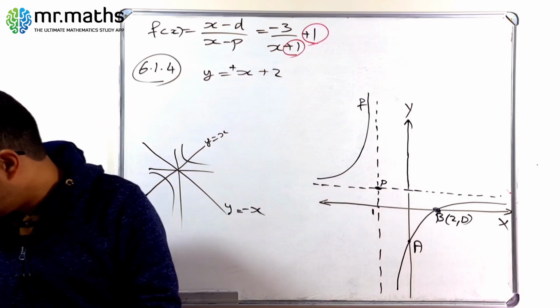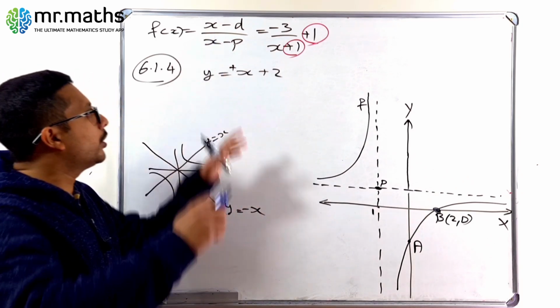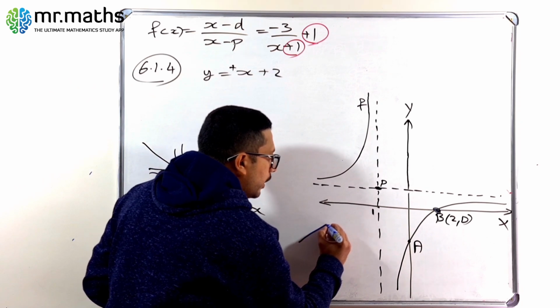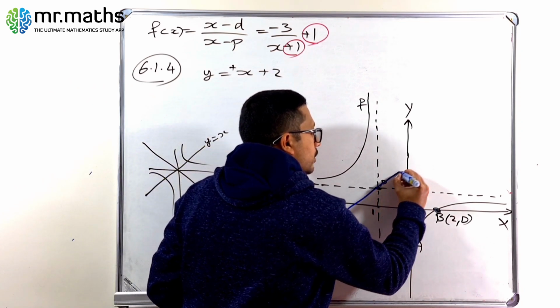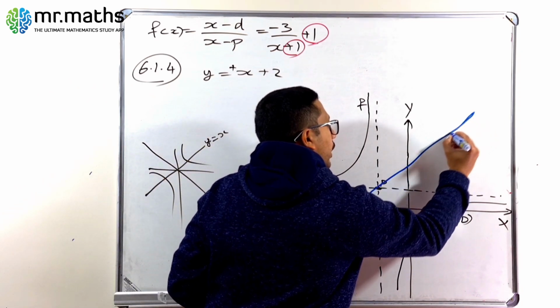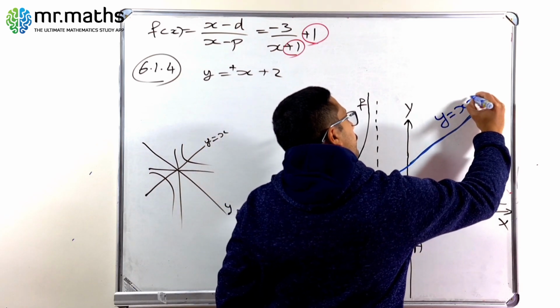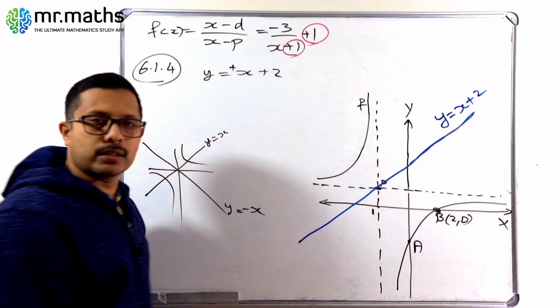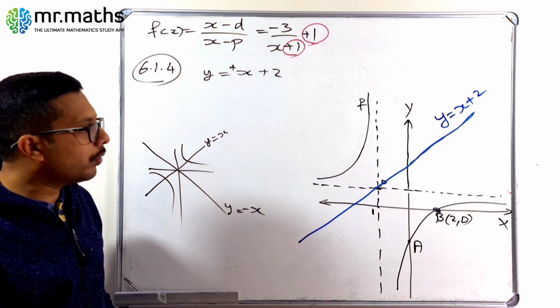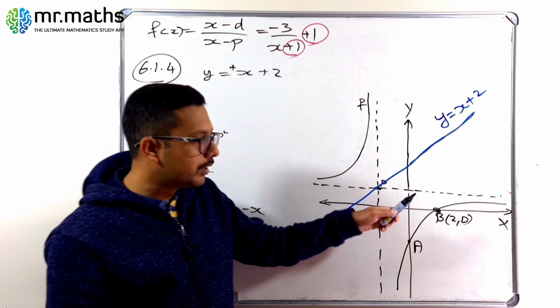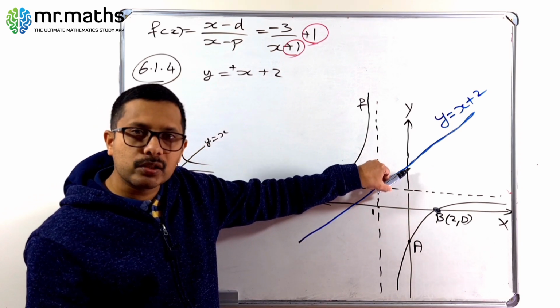It is increasing because here it is positive. So there is an axis of symmetry passing through that point, and they are saying that its equation is y is equal to x plus 2.